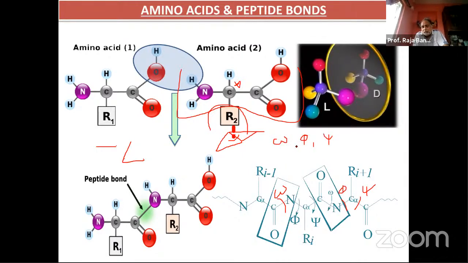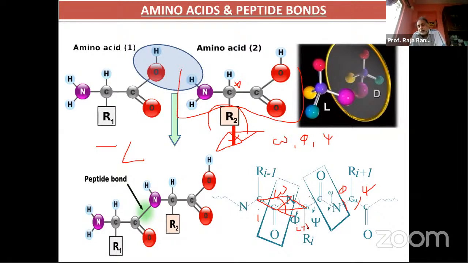So how will we get omega, phi, psi? Omega and phi, these are the two common points we are talking about, and there is one extra in the back. If we talk about omega, which is a dihedral angle between the C and N, we have to consider one plane with C alpha of the ith residue, and another plane of the I plus 1 residue.